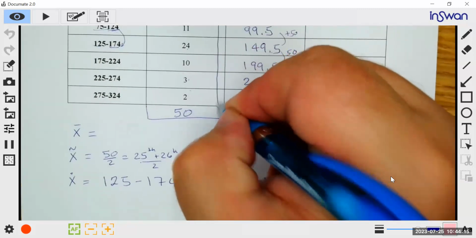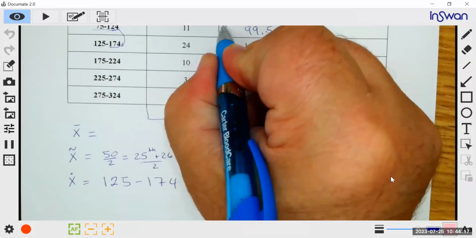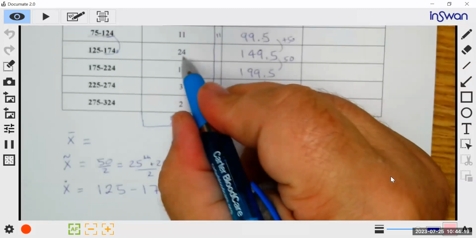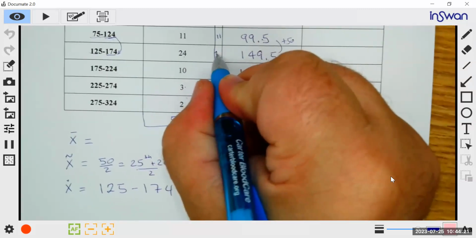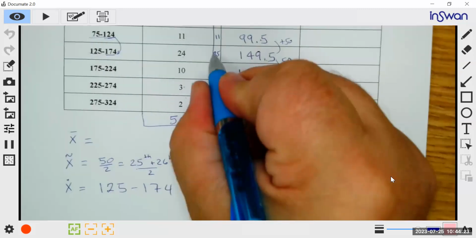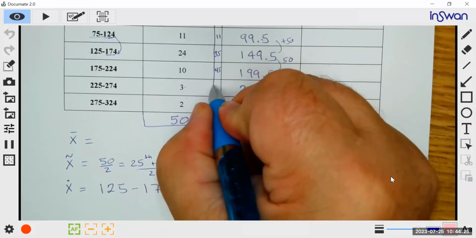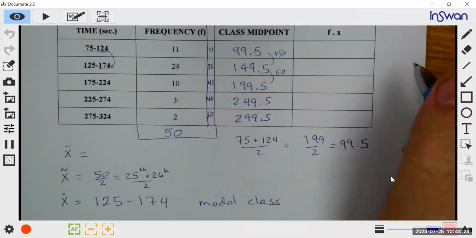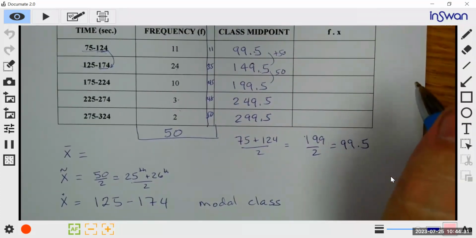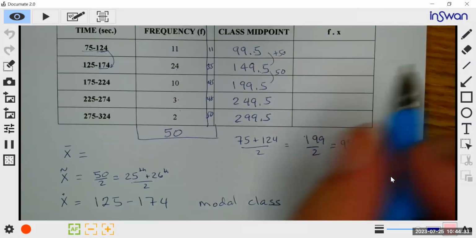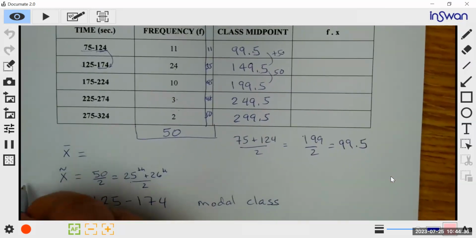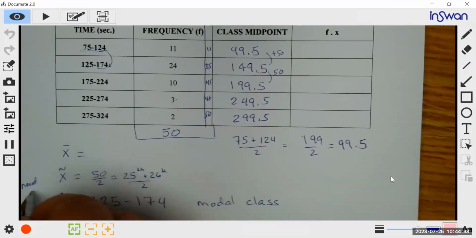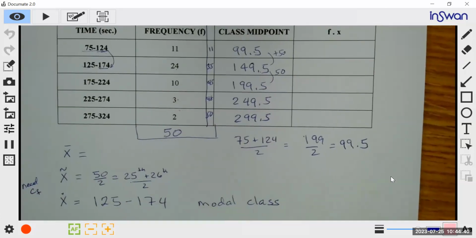So the cumulative frequency, this one's 11. Then if I add 24, I got 35, 45, 48, 50. For this one, you need the cumulative frequency.